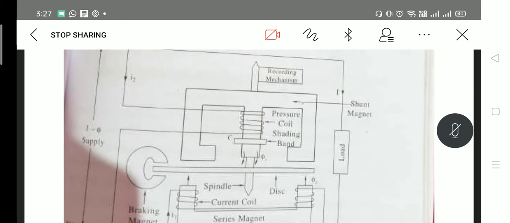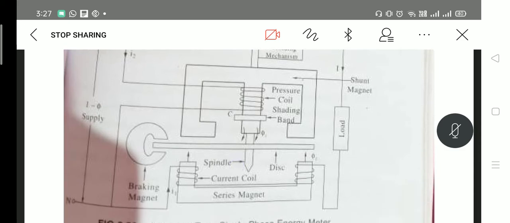Third one is the braking system. The braking system uses a braking magnet, which is a permanent magnet. The purpose of the braking magnet is to control the aluminum disc speed.